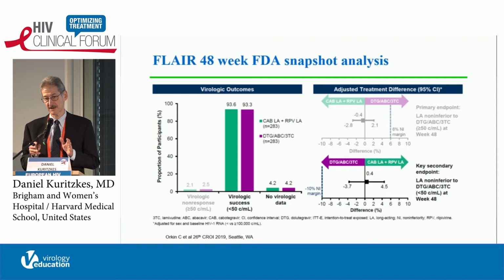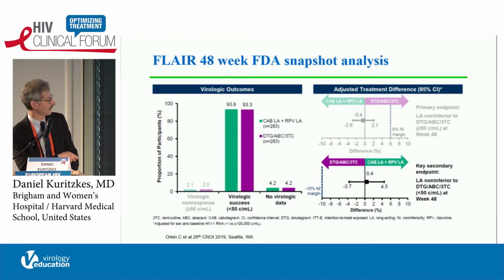This study really counts as a switch study, and so it uses the new, more rigorous FDA analysis that counts treatment failures as the primary endpoint. And so you can see that essentially 2 and 2.5% of the participants experienced failure, and therefore there's a tiny difference, and that easily meets the non-inferiority margin for the primary endpoint.